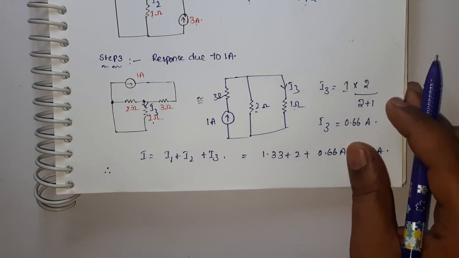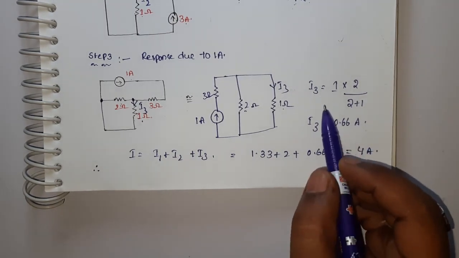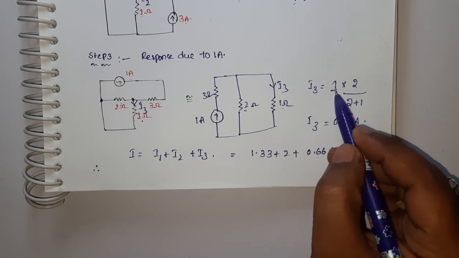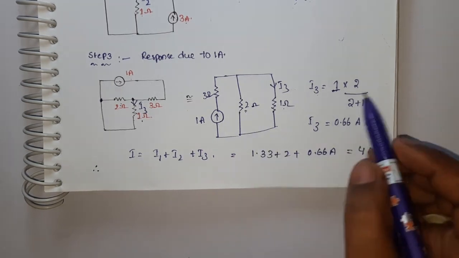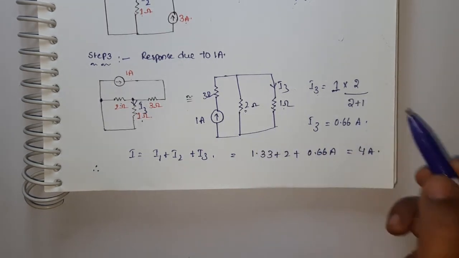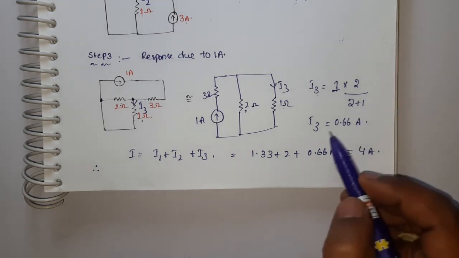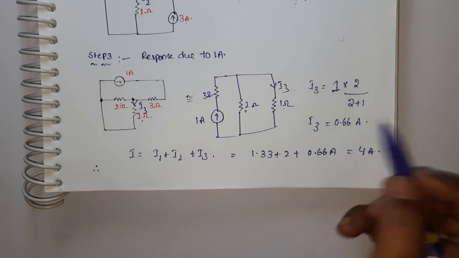Same here also, we are applying the current division rule. The current division rule is I3 equals total current 1 ampere into opposite resistor 2 by the sum of these two, 2 plus 1, which is equal to 3. So the current I3 is 0.66 ampere.